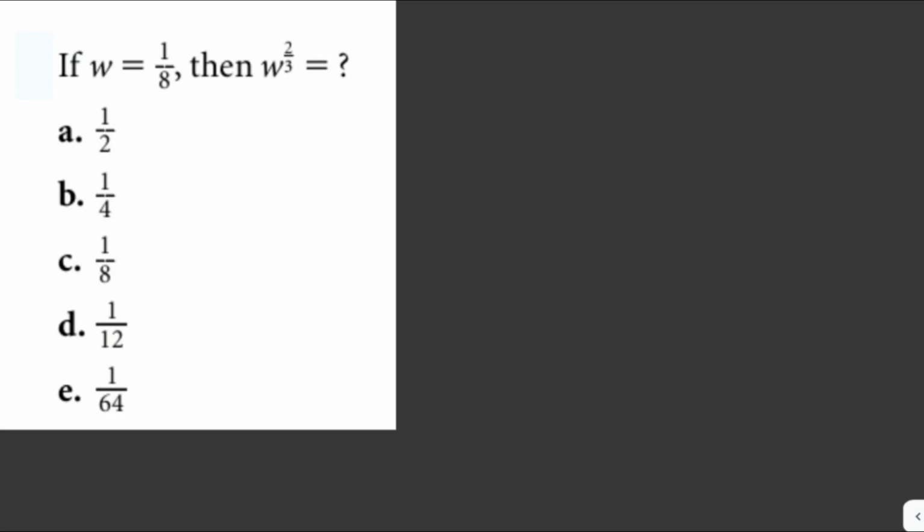If w is equal to 1 over 8, then w to the 2/3 equals what? To solve this problem, we just have to substitute the value of w. So this would be w raised to the power of 2 over 3. Then we substitute the value of w, which is 1 over 8, raised to the power of 2 over 3.